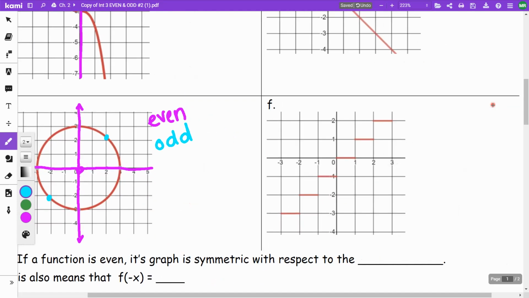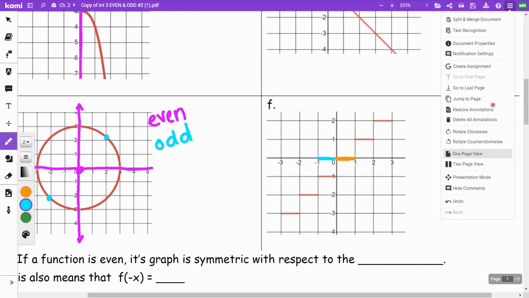Now on letter F, this is definitely not going to be even. And again, when I'm looking at this point here, which is going from 0 to 1, when I rotate it 180 degrees, it's going to be over here, from 0 to -1. So the orange, watch when I rotate it, is going to be at 0 to -1, like my blue currently is.